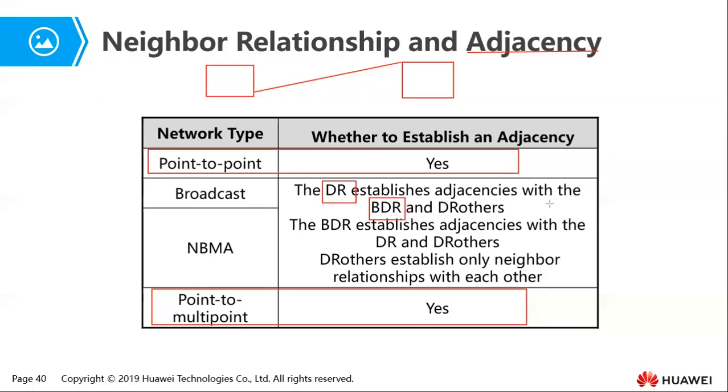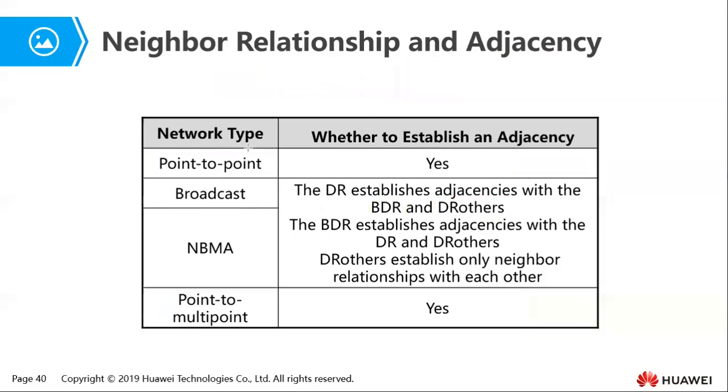So DR others only form full adjacencies with the DR and the BDR, meaning we have an election of a DR and a BDR. So is that clear now? We have an election in broadcast and NBMA networks, but we don't need a DR and BDR in point-to-point and point-to-multipoint. That does not mean OSPF does not work in the other network types. OSPF supports all these network types.